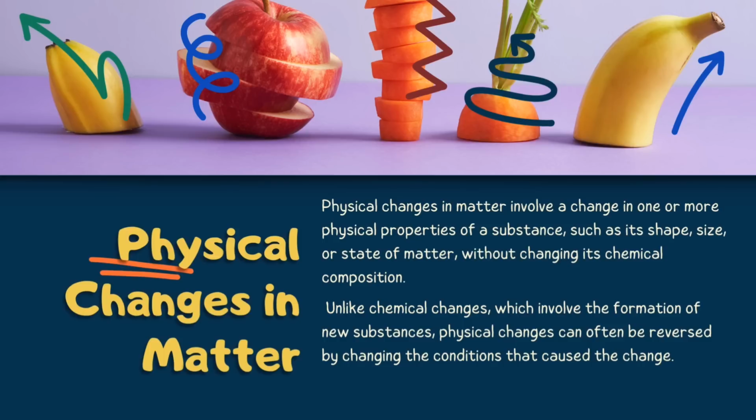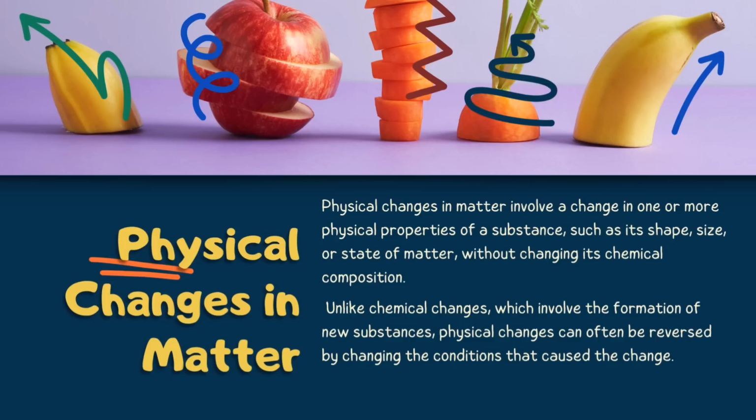Nagbago yung shape and yung size ng banana, pero yung chemical composition or yung nutrients inside the banana is still the same. Same thing with apple, with carrots, no? Chinop lang natin yung fruits and vegetables, so nag-change yung kanyang physical appearance, but yung composition, chemical composition ng fruits and vegetables na yon will never change.